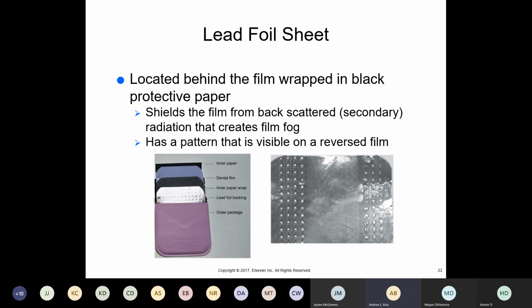You could see it real lightly on the image, and your image would appear much lighter because now the x-rays are going through that foil before they hit the image receptor, the actual film. So it's going to be lighter because that's going to absorb a lot of the x-rays, and it's also going to leave that imprint of those little dotted lines on your lead foil.